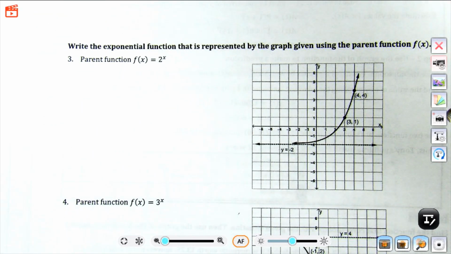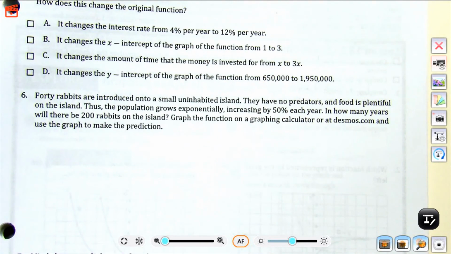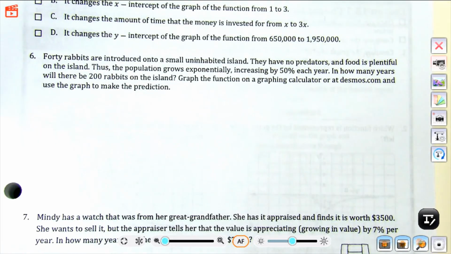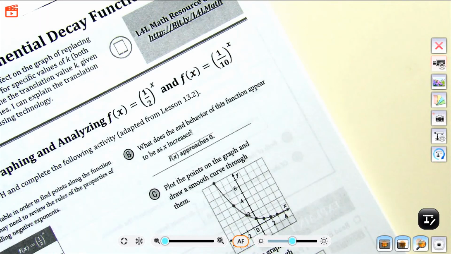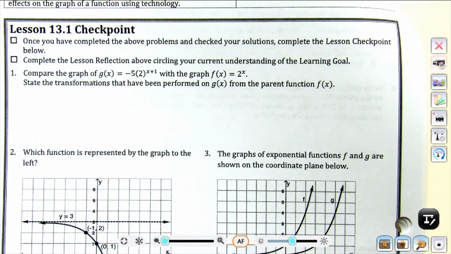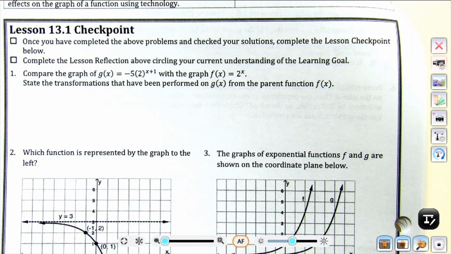You just need to write the exponential function. And then use decimals for problem 6 and 7, and then you have the 13.1 checkpoint on page 18. Okay, have a good day, guys.